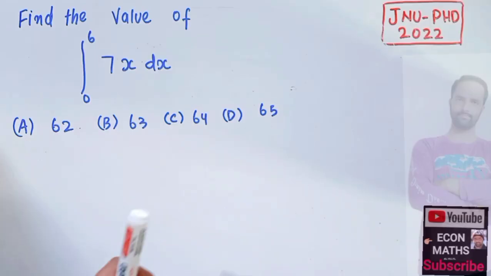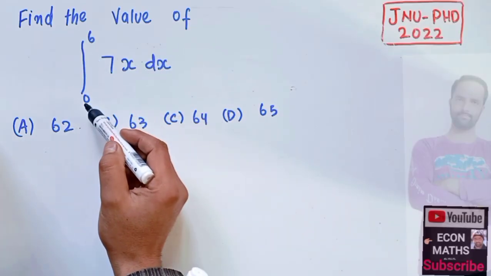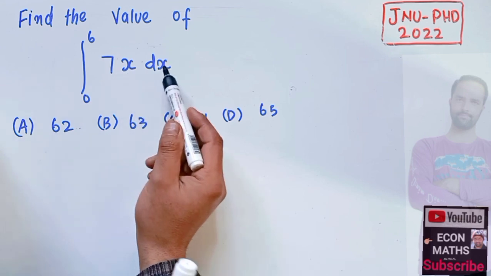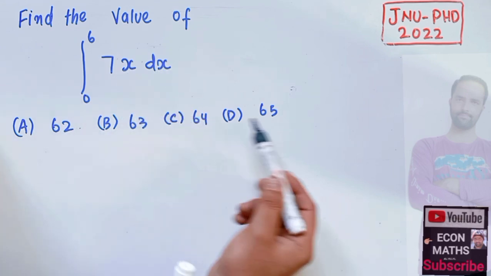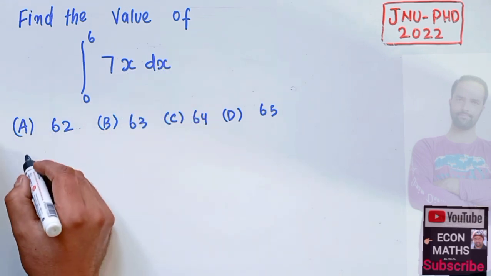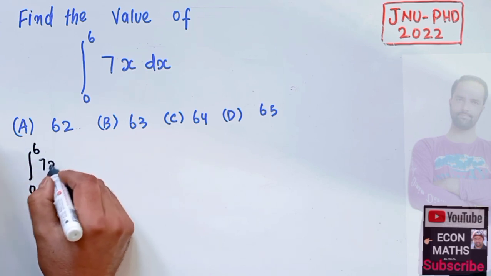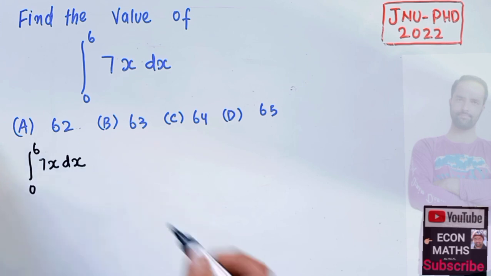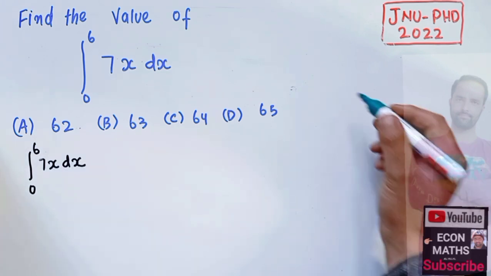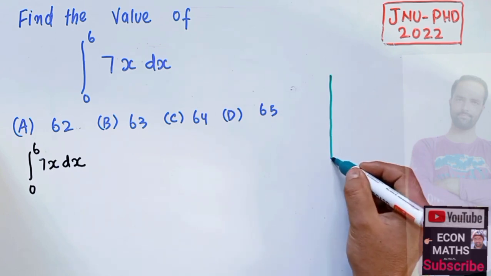The question is to find the value of the definite integral from 0 to 6 of 7x dx. The options are 62, 63, 64 or 65. So we have the definite integral from 0 to 6 of 7x dx, okay. We need to find the value of this very integral. On the graph, let me explain what exactly it means.